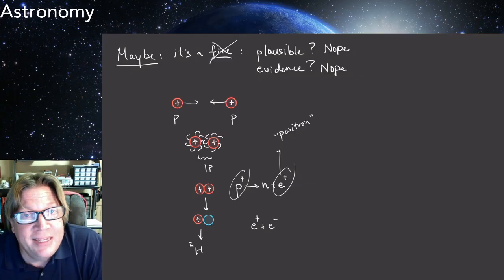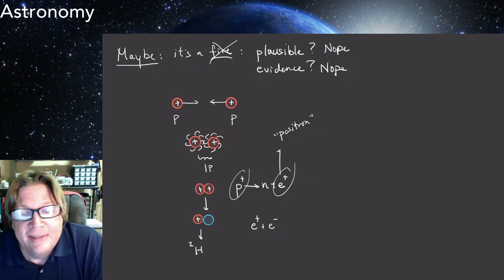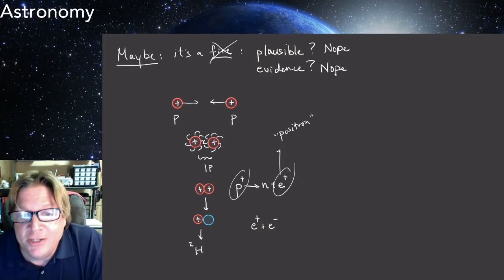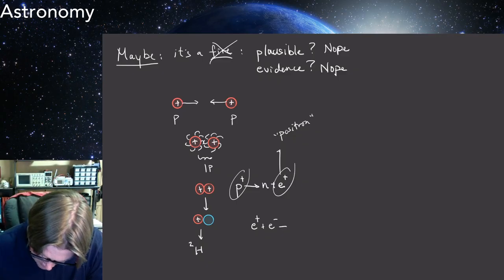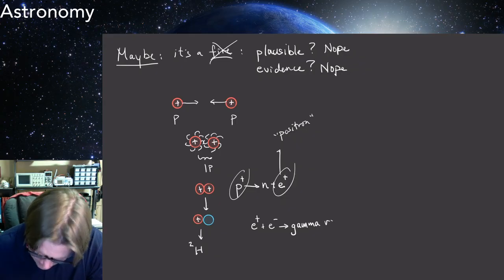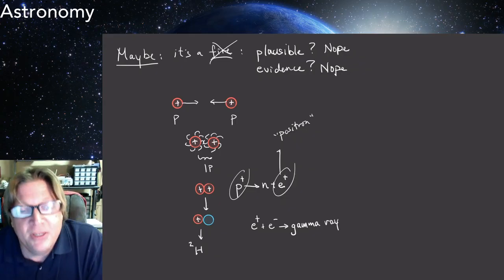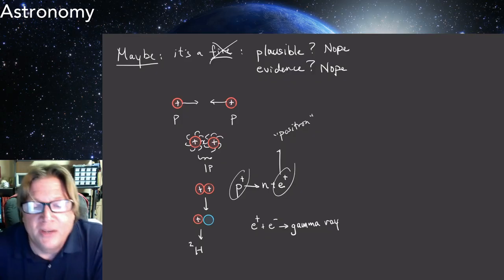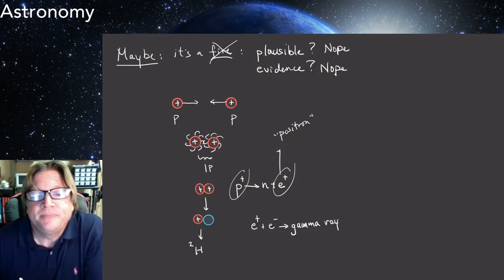And when they combine together, what happens? You might have heard that when you combine matter and antimatter, they totally annihilate each other. And so what you get is an intense flash of light in the gamma part of the spectrum. What you get is a gamma ray, a really highly intense flash of light. So that positron, in no time at all, it's just gone. It annihilates with an electron, and then you get a gamma ray.